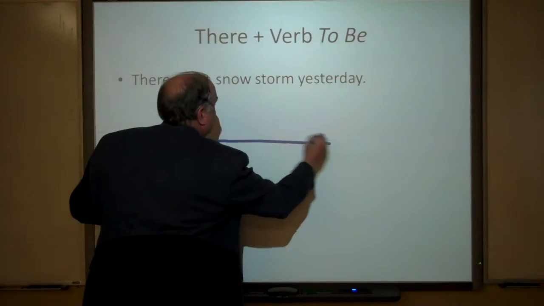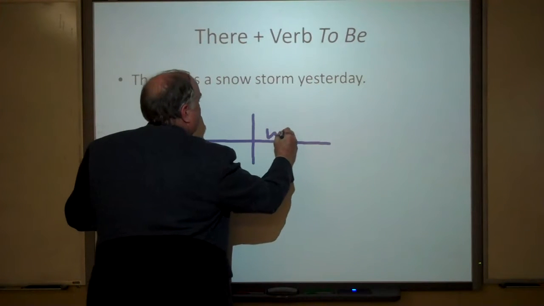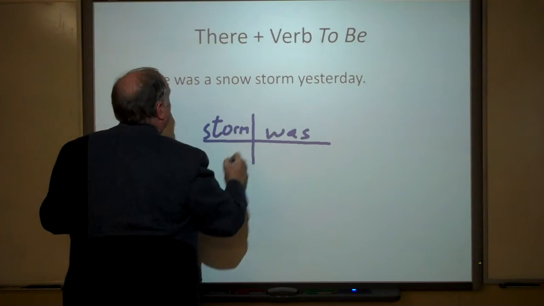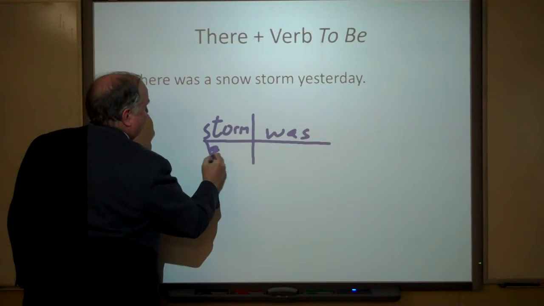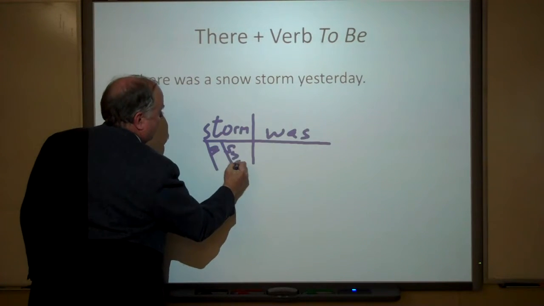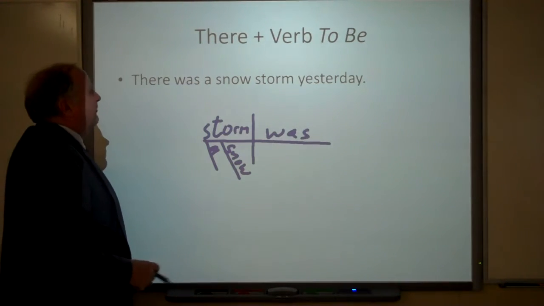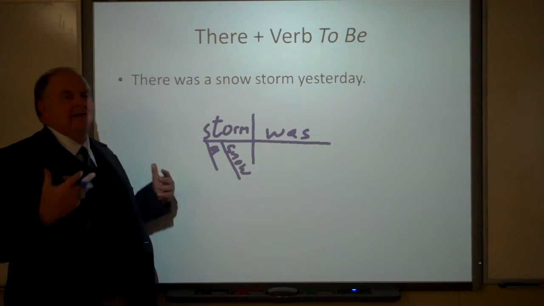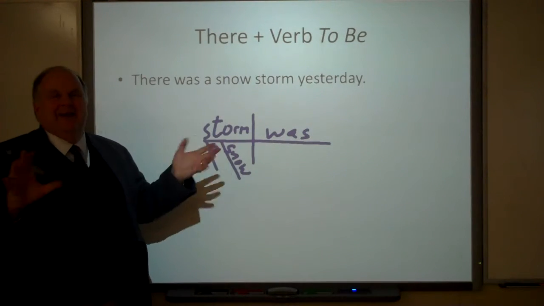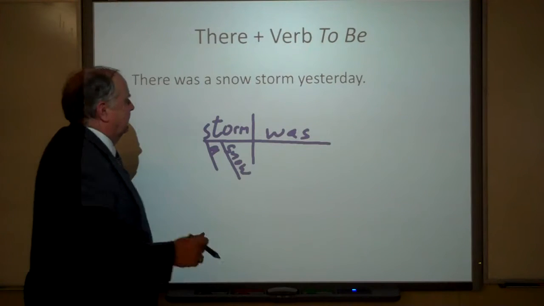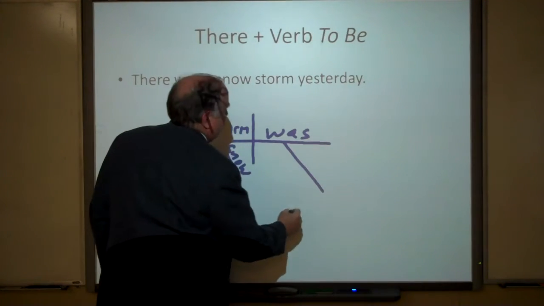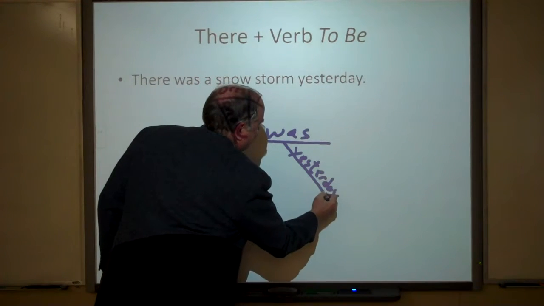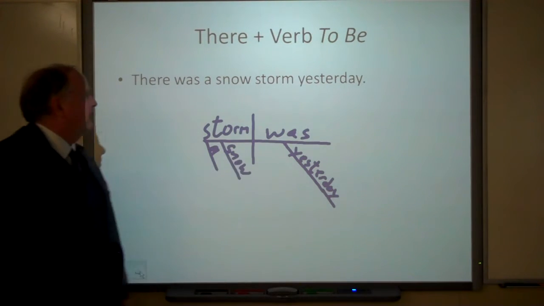So, okay. Was is the verb. Storm is the subject. A modifies storm. Snow modifies storm. Some people consider snowstorm a compound. If you wrote snowstorm as a subject, I wouldn't mark it off or anything. But anyway, this is how I'm doing it. Yesterday answers the question when it was, so it modifies the verb.